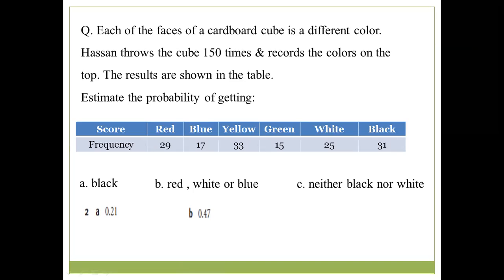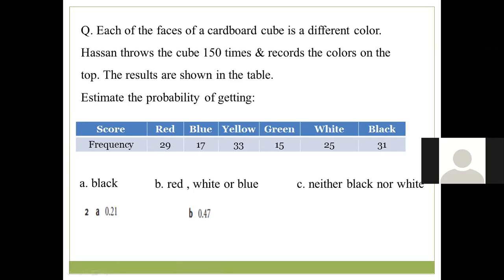Selena, go ahead. Neither black nor white. So you have to exclude the white and black and find the other frequencies. So we will add the red, blue, yellow, and green. That's right. 29 plus 17 plus 33 plus 15, which is 94, and we divide it by 150.